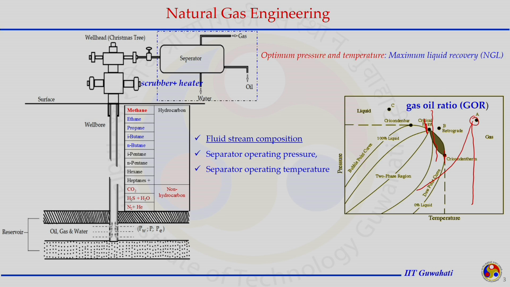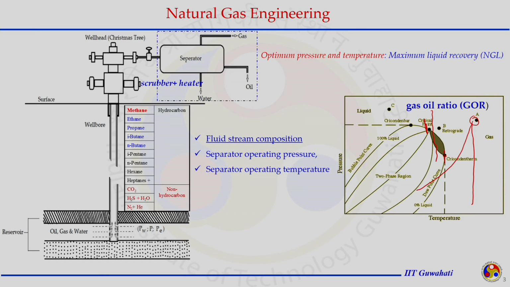Optimum pressure and temperature: if we are operating under optimum condition, the temperature and pressure are set in such a way that we are getting the maximum liquid recovery, also called NGL, natural gas liquid compounds. We are able to separate them and generate revenue. We can sell those liquid compounds to earn money, or they have a separate market at a higher value, but it is not easy to operate under optimum condition.